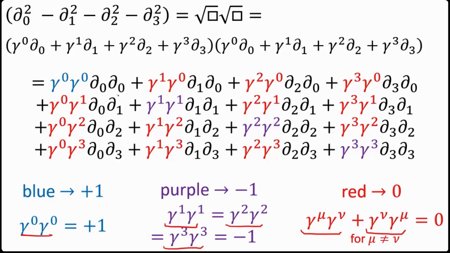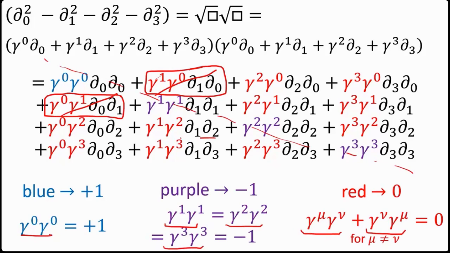What that basically means is this term and this term up here are going to cancel each other out. And that happens all across this diagonal here. So this term and its mirror image over here are going to cancel out.